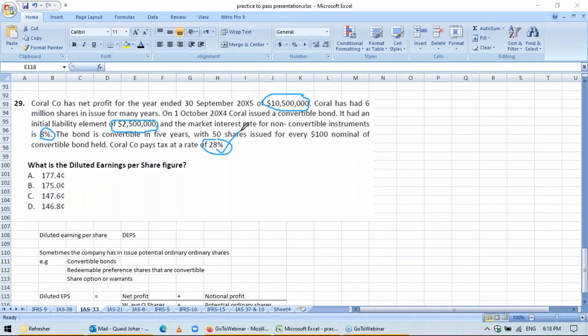We will be losing that tax benefit, so our income will decline due to an increase in tax expense. So two things will happen: our interest expense will decrease, but our tax expense will increase. So two adjustments to the profit will occur. First, let's do those two adjustments, and then we'll do the share adjustment.